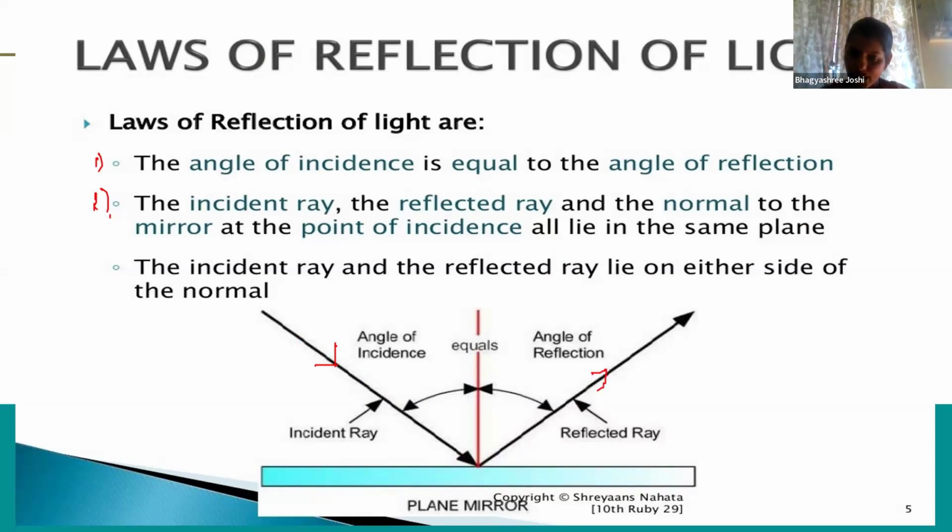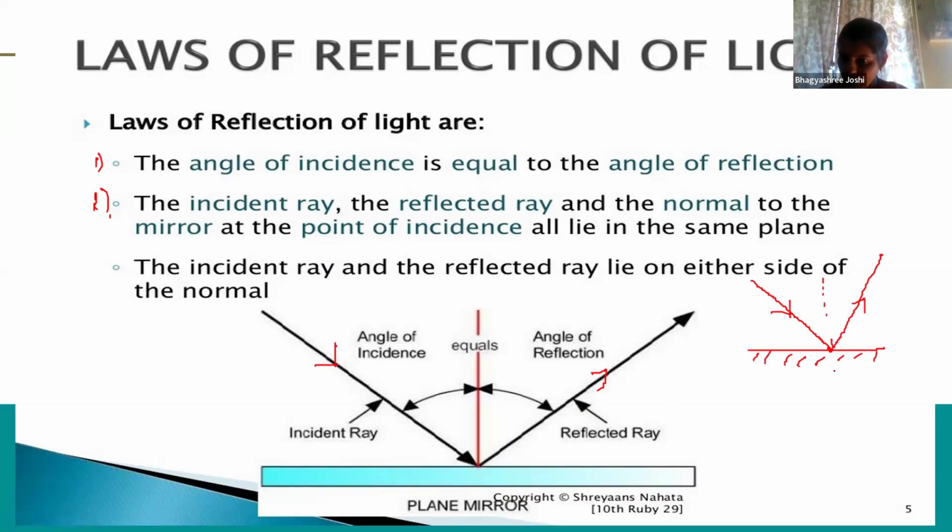Now, if you draw one normal here, this is a smooth surface, here the incident ray is there, and after incidence it is reflecting. It is the reflected ray. This is the incident ray.